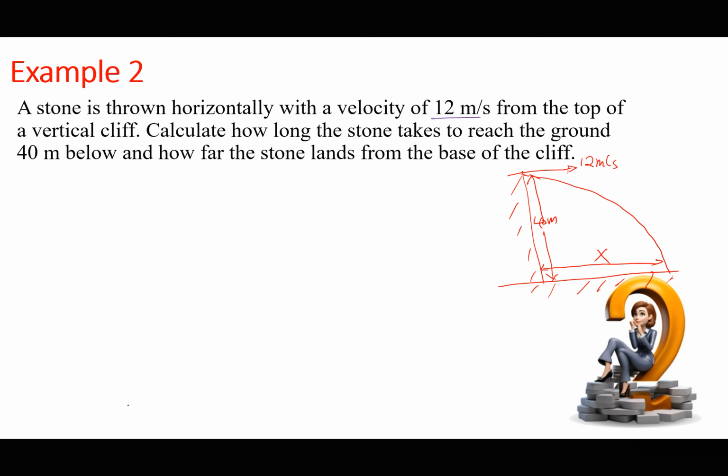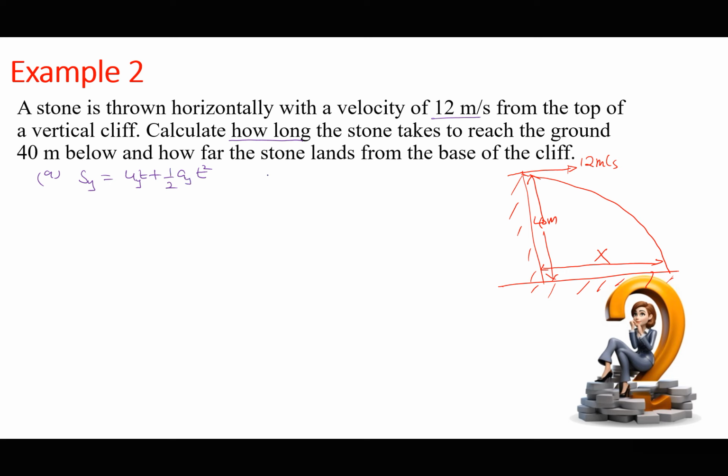Part A is how long, which is time. For part A, I will use s equals ut plus half at squared. And remember, we consider vertical and horizontal motion independent. So s in the vertical equals the initial velocity in the vertical times t plus half the acceleration in the vertical times t squared.